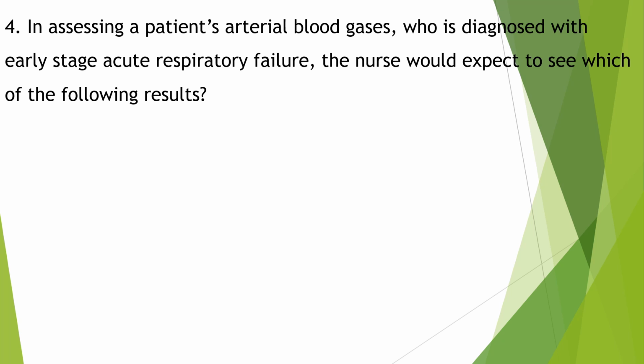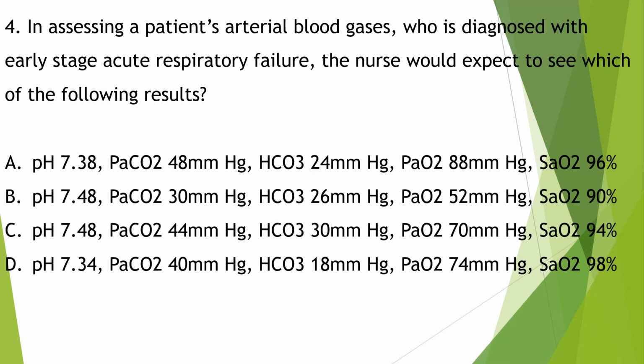And here let's see the options. A: pH is 7.38, PaCO2 48 mmHg, HCO3 24, PaO2 88 mmHg, saturation 96%. B: pH 7.48, partial pressure of carbon dioxide 30 mmHg, bicarbonate 26, partial pressure of oxygen 52 mmHg, saturation 90%.